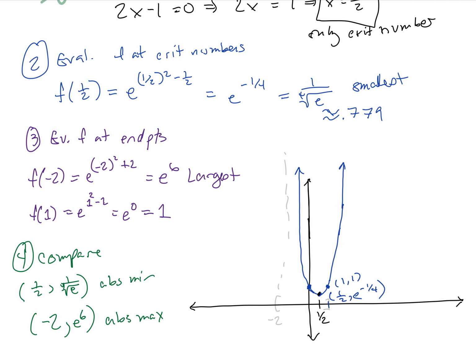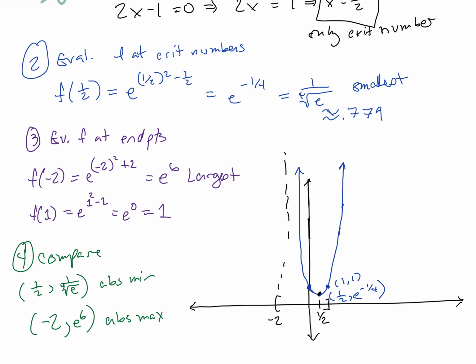That is actually the absolute max over the whole graph. We haven't shown that, we've only shown that it's true over this particular interval. If we look at the point 1 comma 1, that was one of the endpoints of our interval, we see that that is not a maximum over the interval, because it also goes to -2. And -2 is like way off the charts. It's some really big number, e to the 6th, which is not pictured here.